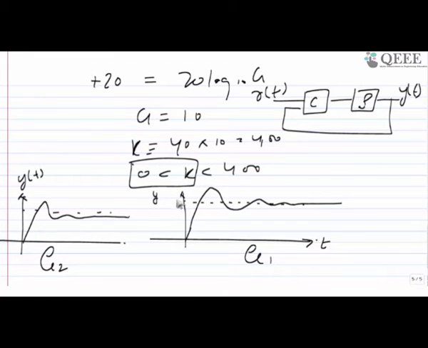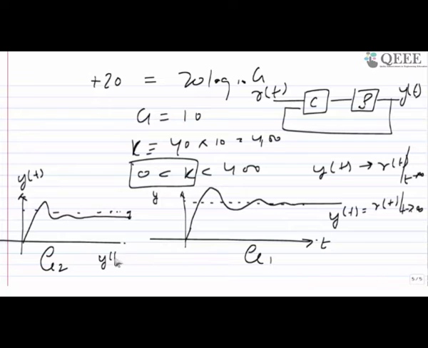So here you see that my y of t approaches r of t as the time t tends to infinity, or let's say y of t is equal to r of t at t tending to infinity. But here, if I look very closely, there is a gap, which says y of t is not equal to r of t as t tends to infinity.